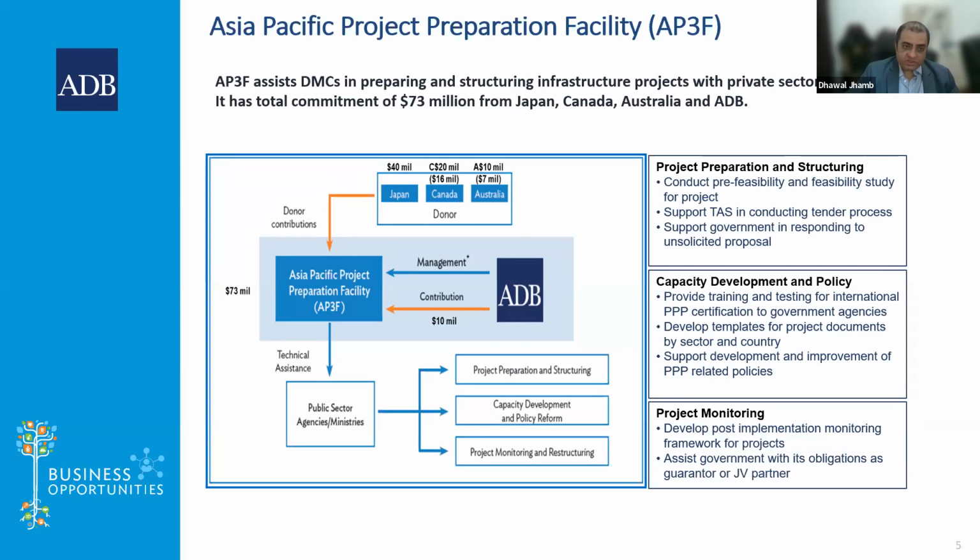The main activities to be funded by this facility, mostly on a grant basis, are project preparation and structuring, which we just spoke about, capacity development and policy work, and project monitoring. This is the phase after the project has achieved financial closure, commercial closure, and it goes into the next phases. And AP3F fund can support all of these activities. Next slide, please.